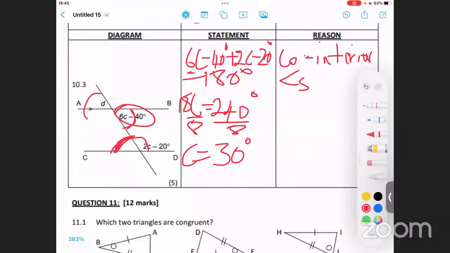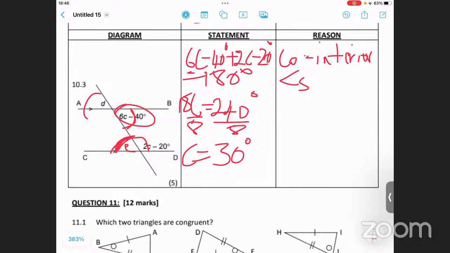Then, ma'am, the reason would be alternate angles are equal. So that angle would be 140 degrees as well. Okay, let's say our angle was E. How much were we going to have? 140. Yes, ma'am. And the reason? Ma'am, alternate angles are equal. Okay, cool.